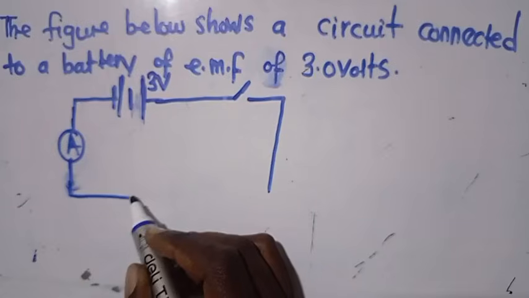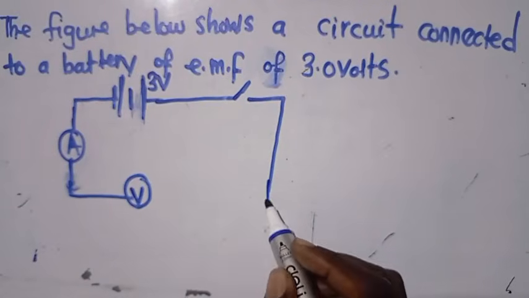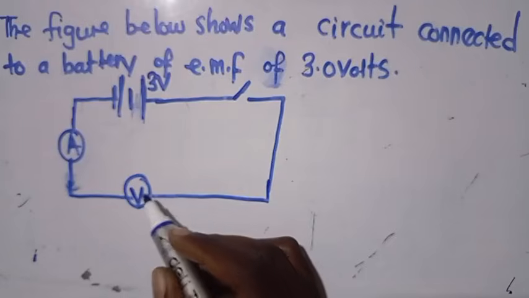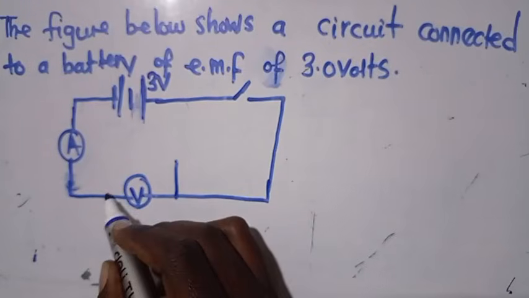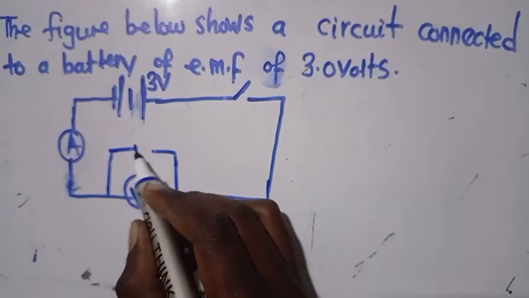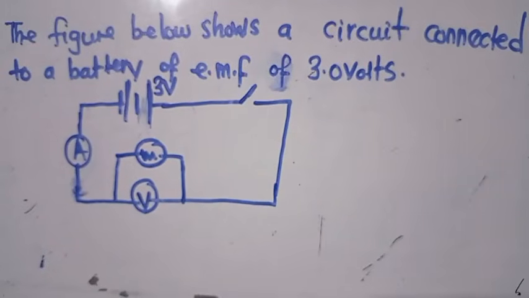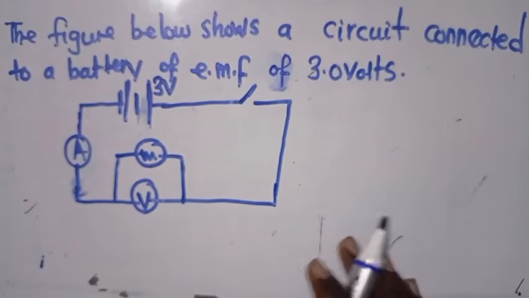Then here we've got a voltmeter. Then here you are given a resistor. So this is what you are having. This is a question that you are having.